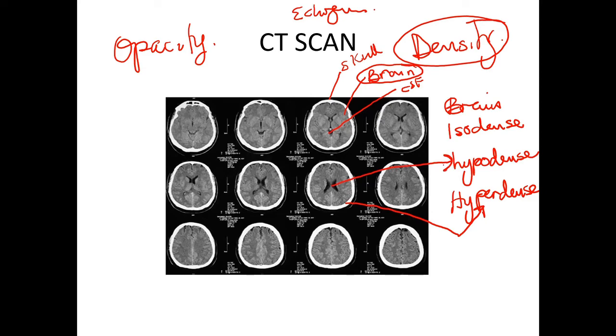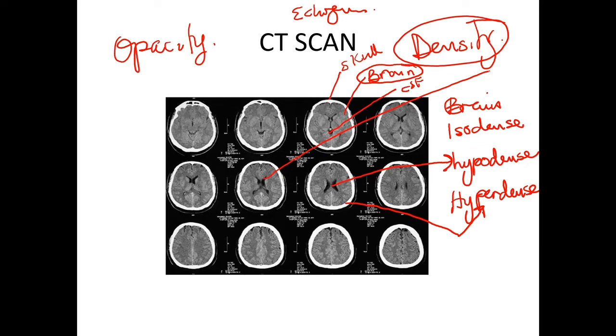Now, when there is fluid collection that is clear, like water, just like CSF, that doesn't have any mineral ion in it, it appears hypodense. If you have a collection of fluid that has mineral ion in it, like blood that has iron in it, it appears hyperdense.